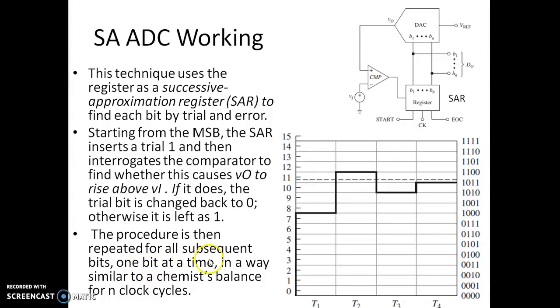Now we know how it happens in a chemical balance. Suppose you have a weight on one side, you have the material to be weighed on the other side. So you put with some trial that you are going to weigh half kg. When you actually put it, if it is less than half kg, you're going to pour something more.